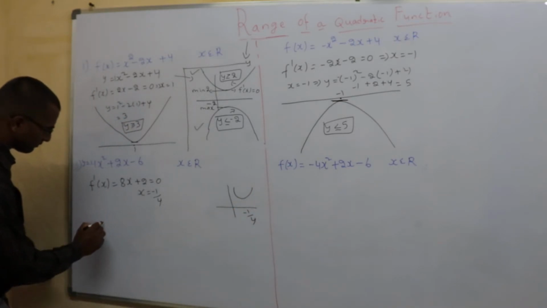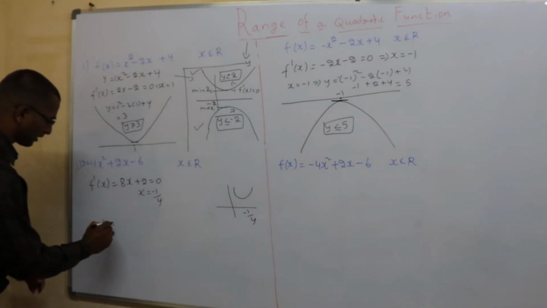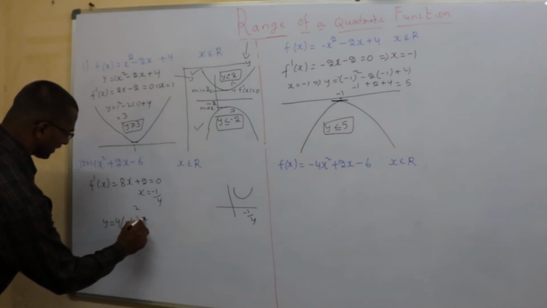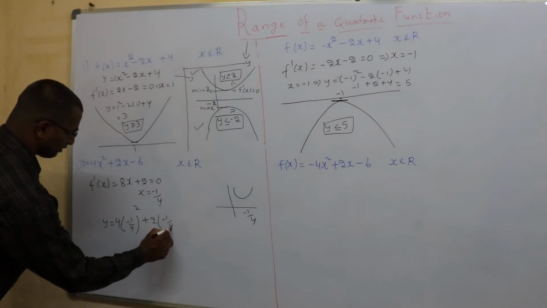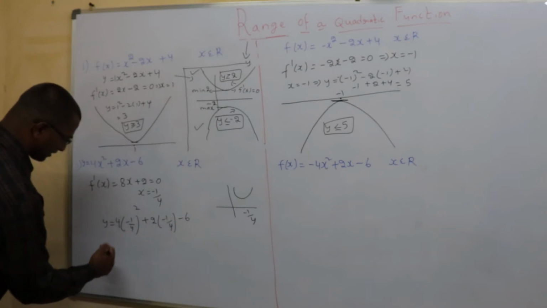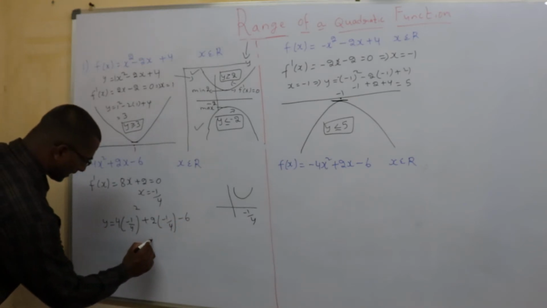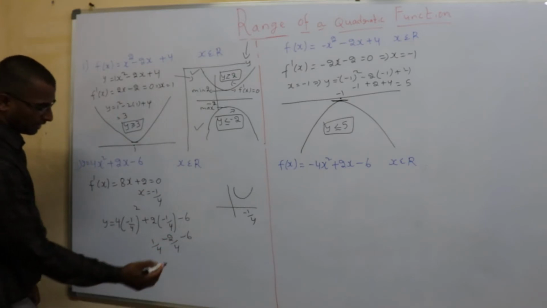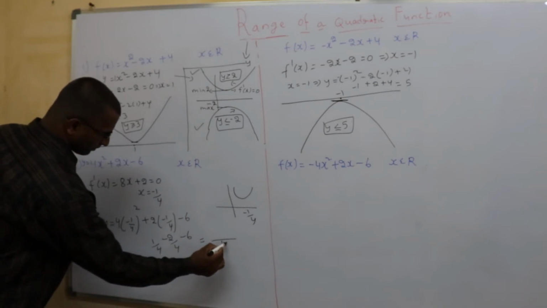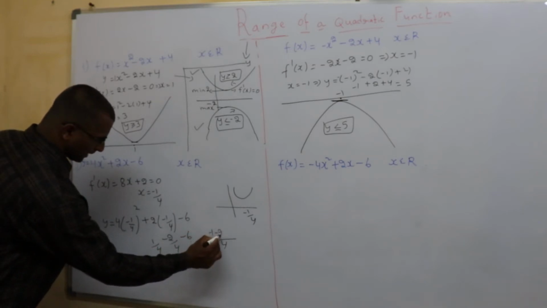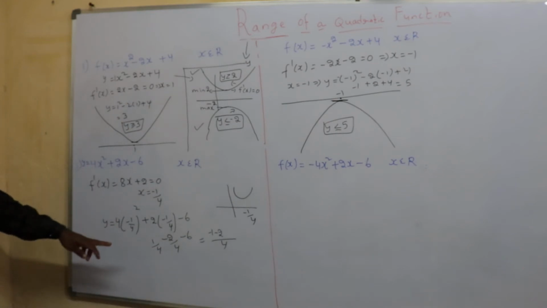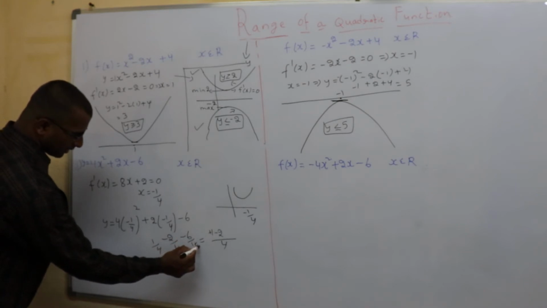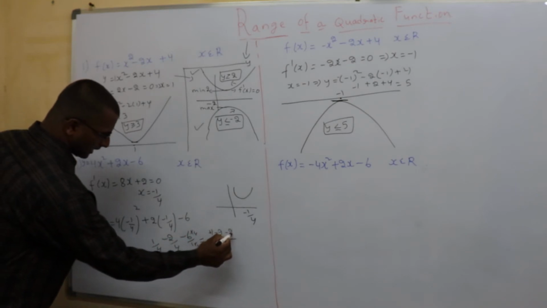So now when x is minus 1 by 4, how much will y be? y equals 4 into minus 1 by 4 whole square plus 2 into minus 1 by 4 minus 6. So it is 1 by 16, so I get 1 by 4 minus 2 by 4 minus 6. If I take the LCM, I get 1 minus 2 and minus 24.